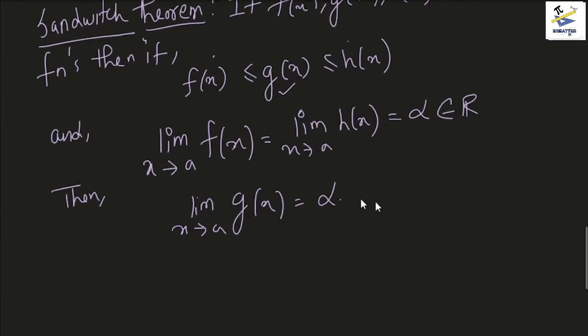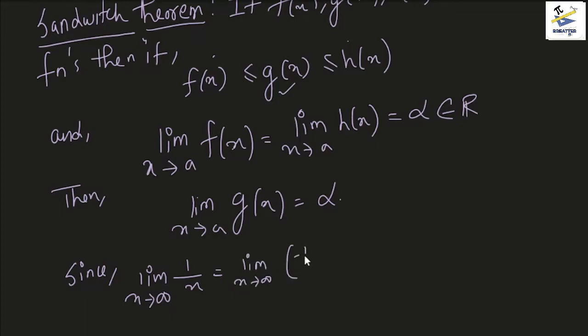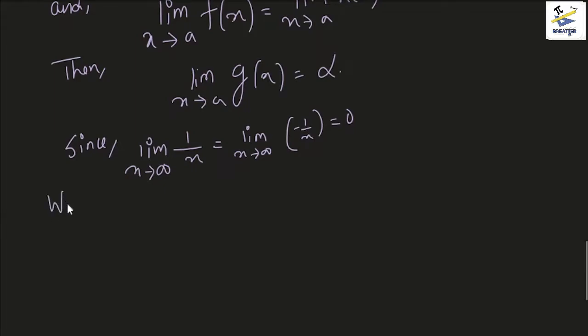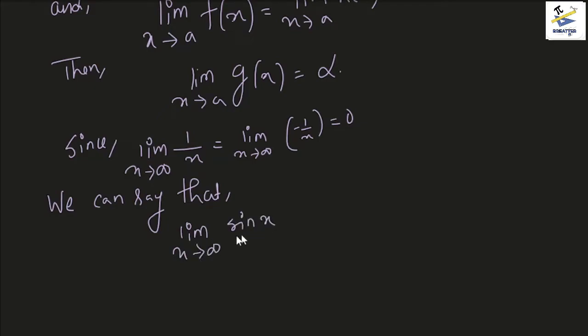So using this, we can see that since both limits are equal to 0, we can say that limit x tends to infinity sin x upon x must also be 0, since minus 1 by x is less than or equal to sin x by x less than or equal to 1 by x.